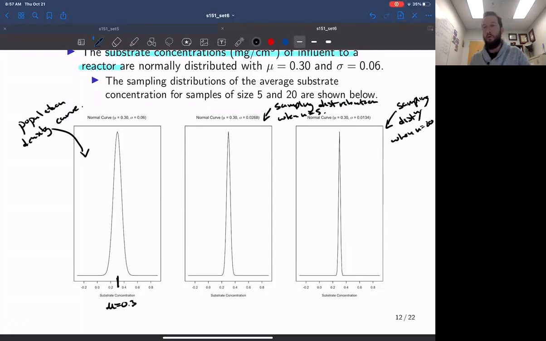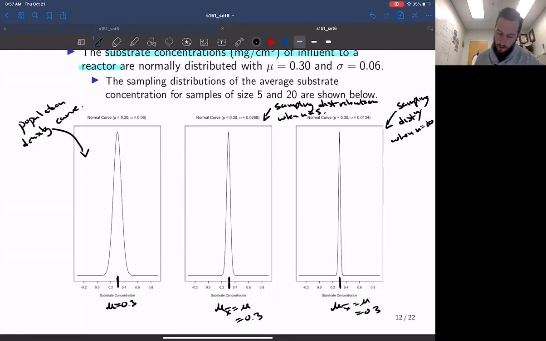So what you can see here is that all of these plots are centered at the same points, right? So we know that the mean of the sample means is the population mean. That's why all three plots are centered at the same point.